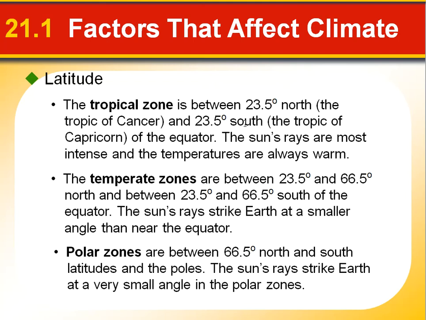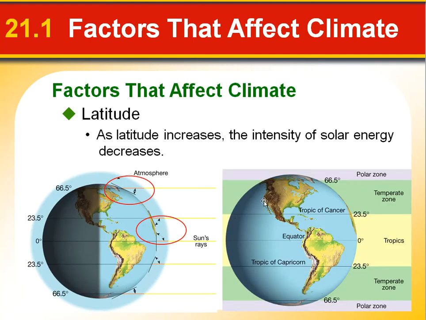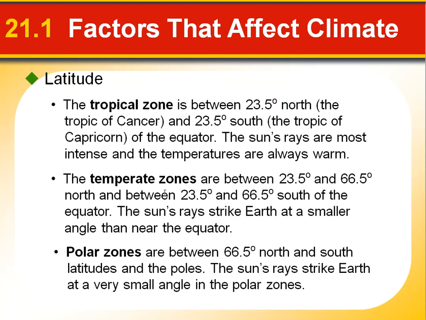You see the angles that are given there; if we go back and look at the previous slide, we can see that at 0 degrees at the equator, the tropics are going to go from 0 to 23.5. The temperate zones from 23.5 to 65. And then here again, you can see that we're kind of in the middle of that temperate zone. Okay, so those are listed for you.